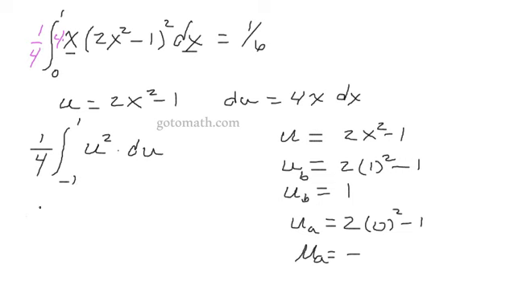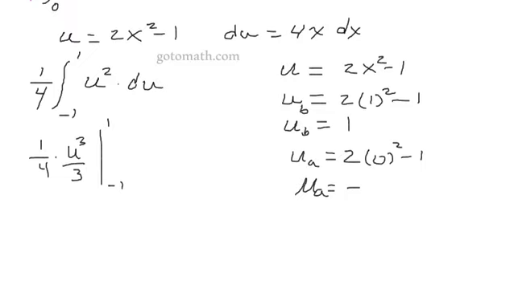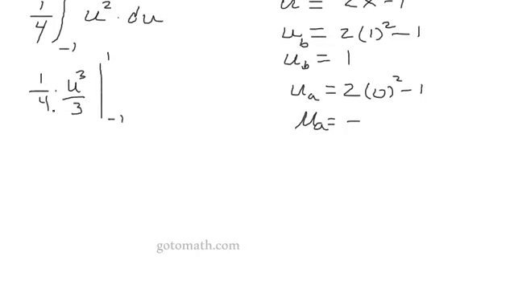Now we can go ahead and take this integral. So we have u cubed over 3, and we're going from negative 1 to 1. Pretty simple. And if you'd like, we can rewrite this as u cubed over 12, going from negative 1 to 1. Now we plug the stuff in.